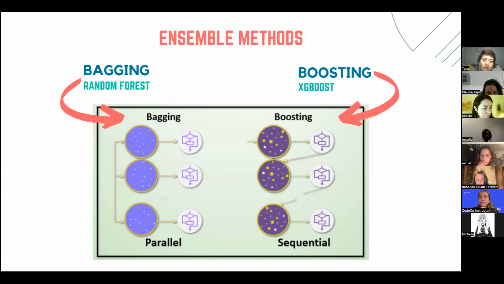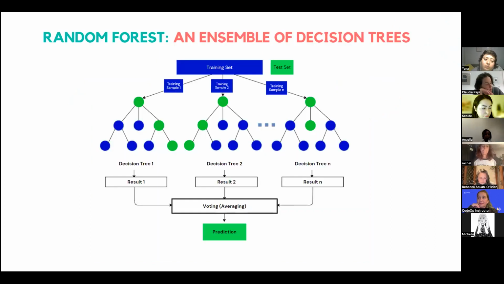It's bagging in case of random forest, which means that the model basically constructs independent models in parallel, versus XGBoost, where the algorithm is boosting, that is, model is built in series, and each next model corrects the error of the previous one. Yes, and random forest is basically an ensemble of decision tree, which I just explained.